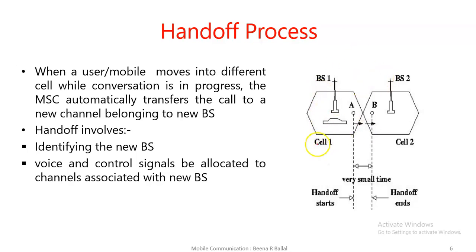If I am presently in cell 1, which has base station 1, and I am moving at a particular speed towards base station 2, so that my cell changes from cell 1 to cell 2, then my call automatically gets transferred from base station 1 to base station 2. That means there is no call drop because I am changing the cell, or in other words, the base station.